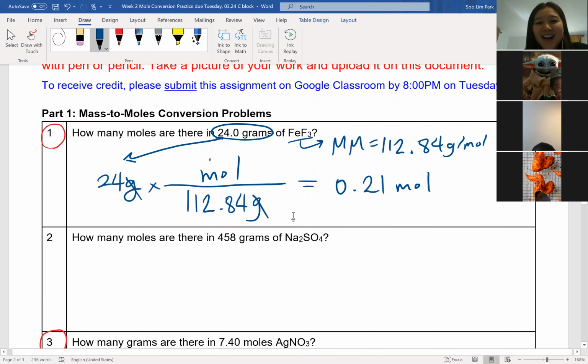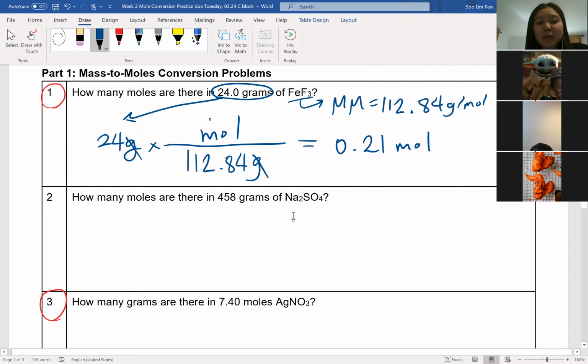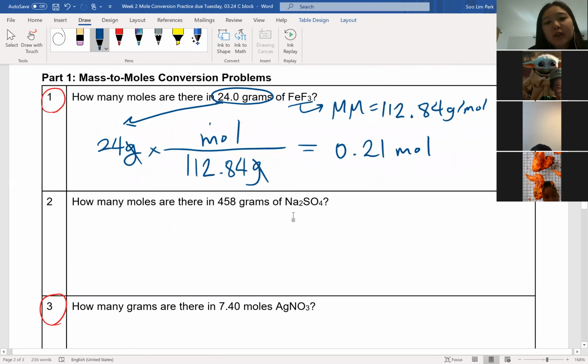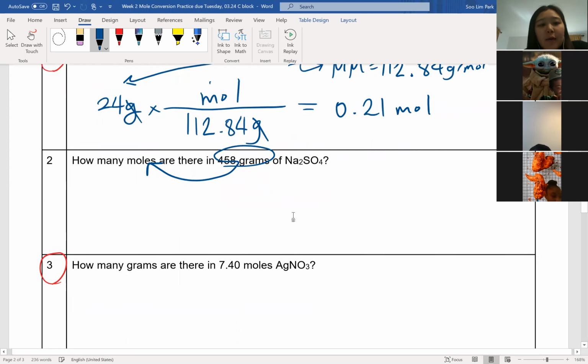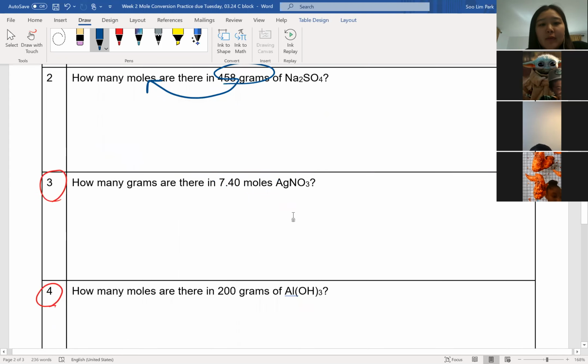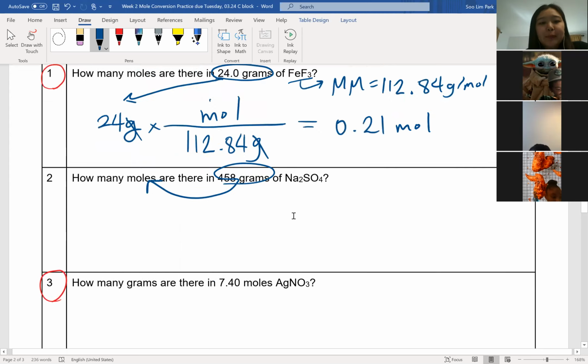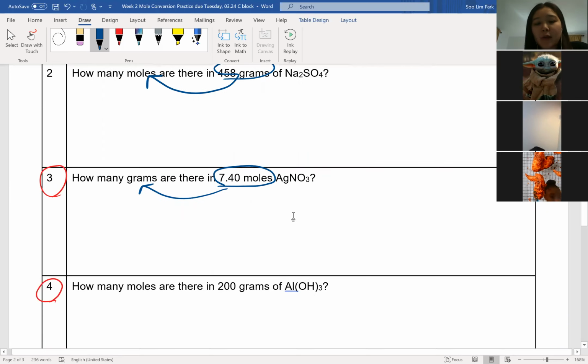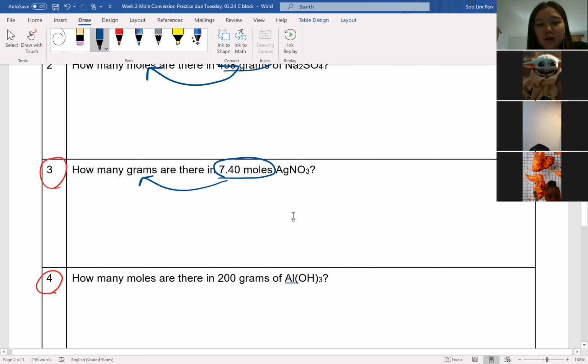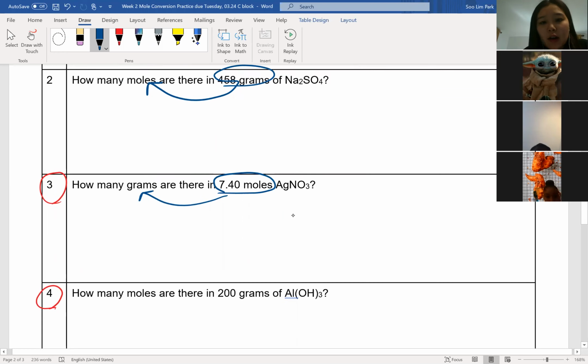So I'm going to skip number 2 because number 2 is also grams to moles. Let's do number 3 because now for number 3, you're given moles and we want to change it into grams, right? How many grams are there in 7.40 moles of silver nitrate?